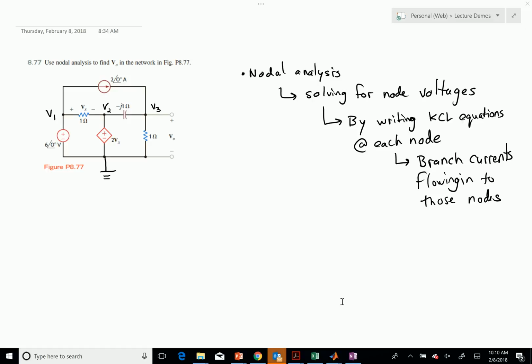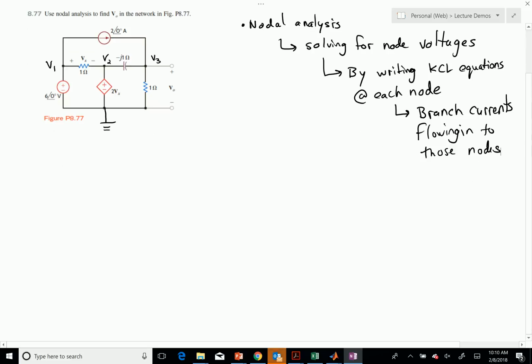To do that in this particular problem, it's not that hard. The issue that I have is the fact that I've got these unknown dependent sources. The dependent source makes this a little bit tricky.